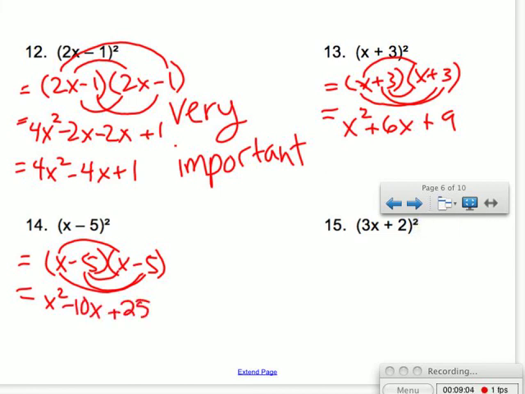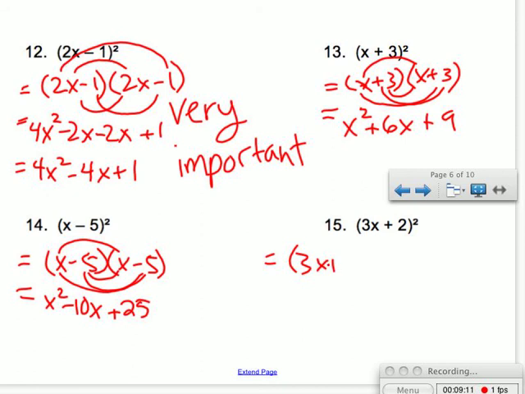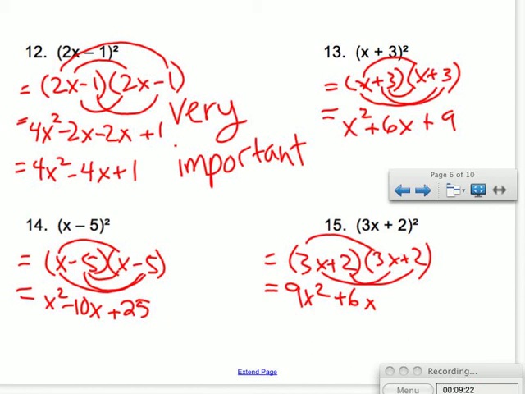Okay, for this one, 3x plus 2, 3x plus 2, so 9x squared plus 6x plus 6x plus 4, collect them up, 9x squared plus 12x plus 4.